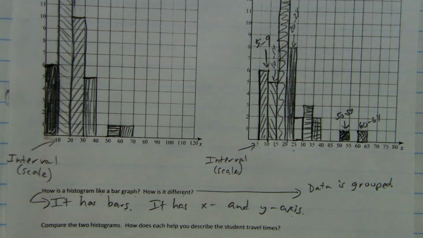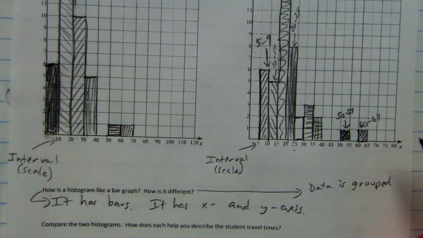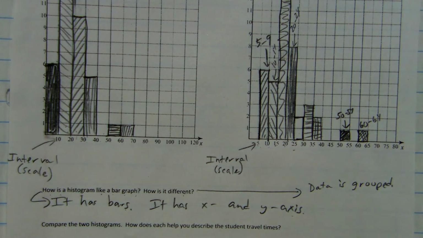Okay, here's all the 5s, here's the 6s, here's the 7s, here's the 8s. It goes everywhere from 5 to 60. You could have potentially 55 bars. That would take forever, and it would be really awful to read. Mamma mia. So that's why we group things like this. And you will see this a lot in real life, because in real life there's often a lot of spread, and that's just how they do it.